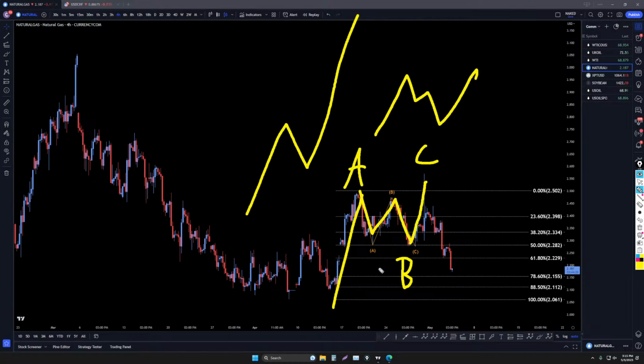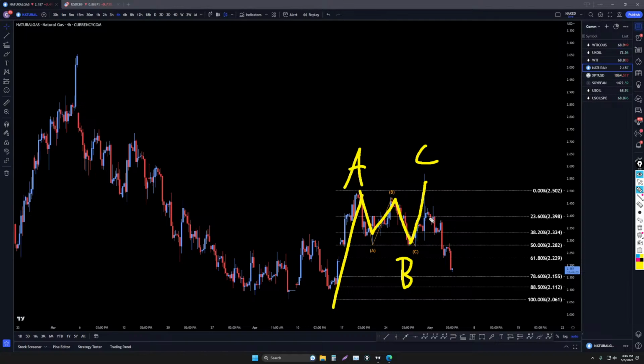Definitely a much different shape. Like I said, trading is all about recognizing the shapes and patterns that the market makes. So that's the end of a correction, and I do not think it's over. I think it's going to go down and probably make a new low.